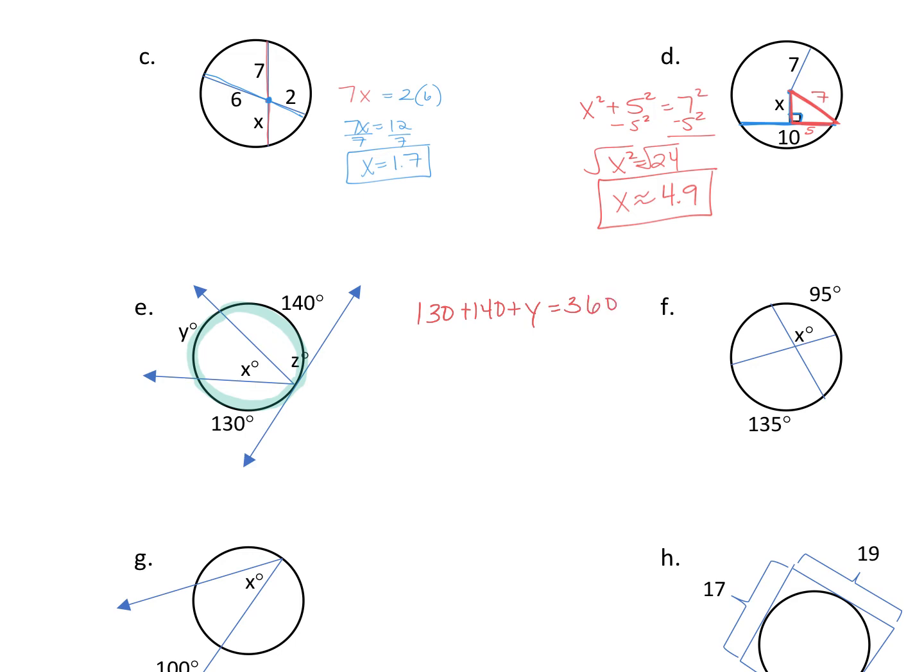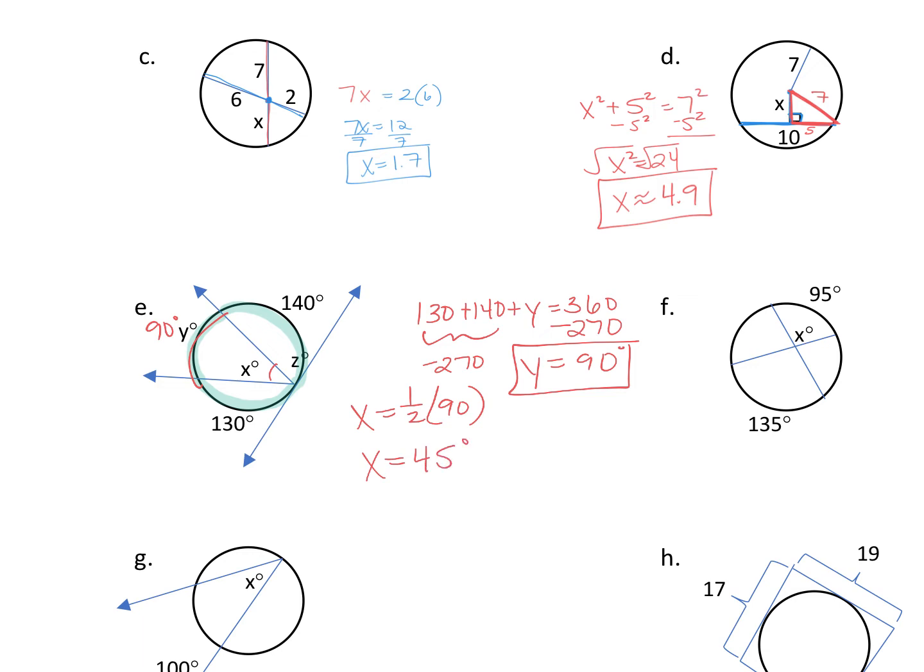So you're going to go 360 minus 130 minus 140. So in other words, you're taking away 270. So Y comes out to 90. Okay, so that's this arc. And then if the arc is 90, the angle is going to be half of that. So X is going to be half of 90, which is 45.